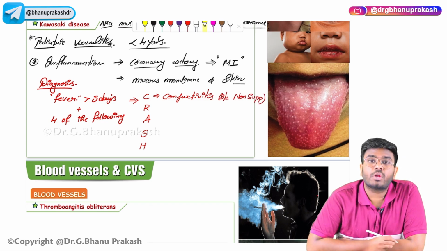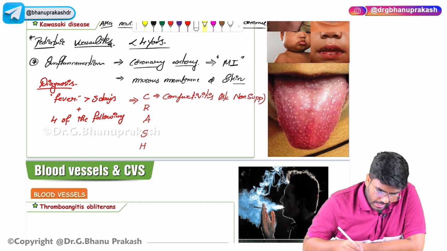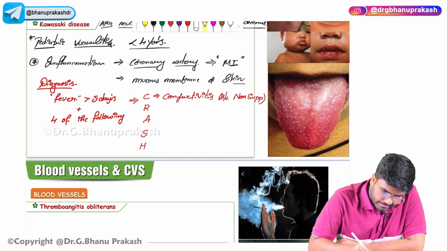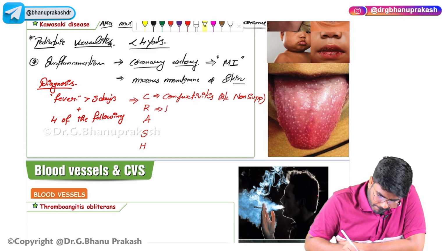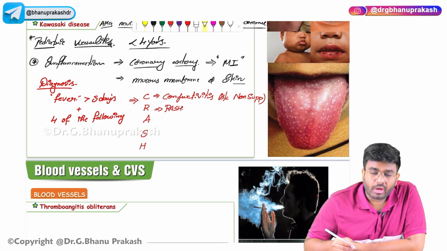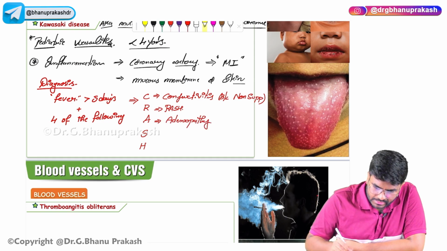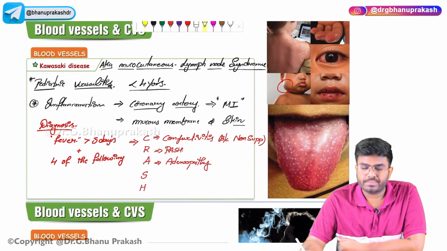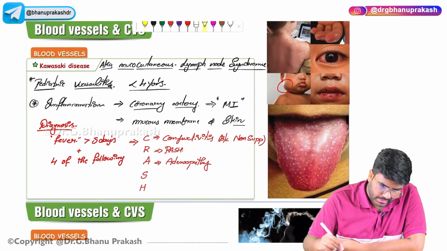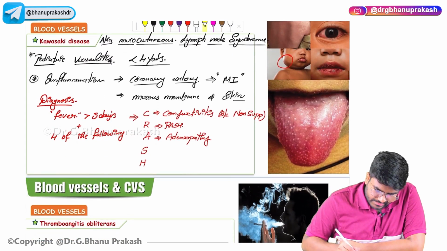R for rash, rash on the skin. Polymorphous rashes can be seen. A stands for adenopathy, involvement of the lymph nodes can be seen. And S stands for strawberry tongue.